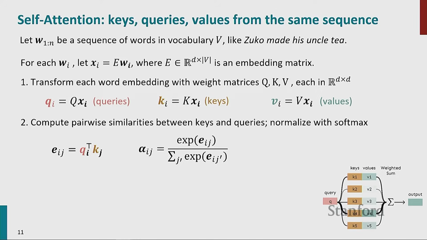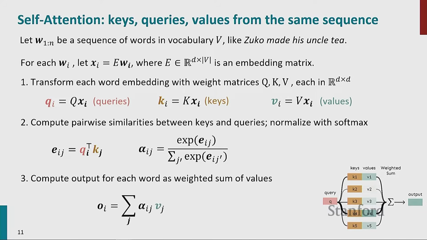And then I do the softmax. So I say that the actual weight that I'm going to look at j from i is the softmax of this over all of the possible indices. So it's the affinity between i and j normalized by the affinity between i and all of the possible j prime in the sequence. And then my output is just the weighted sum of values.